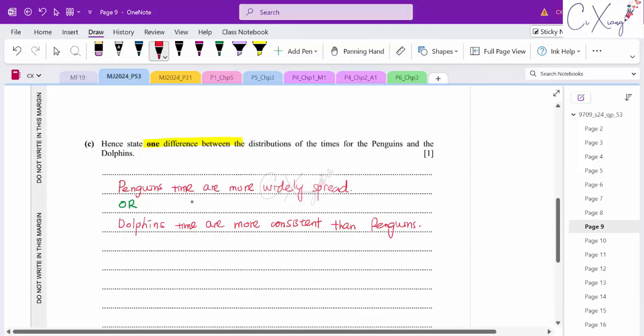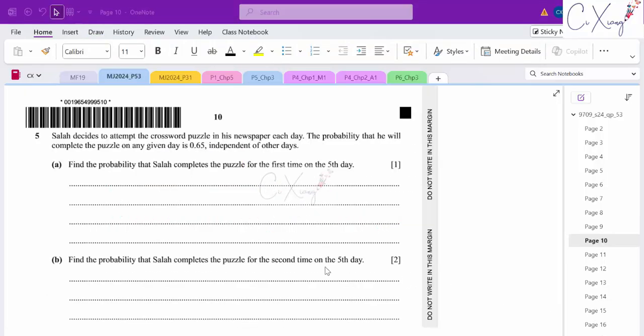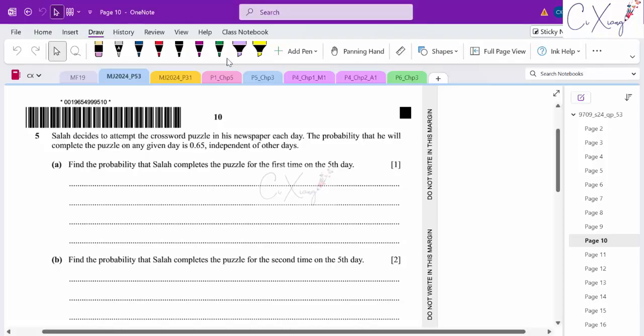Okay, so this is how we solve question number 4. Now we are at question number 5. Salah decided to attempt a crossword puzzle in his newspaper each day. So every day he tried the crossword puzzle. The probability that he will complete the puzzle on any given day is 0.65, independent of other days.